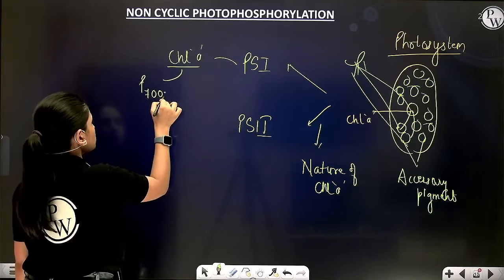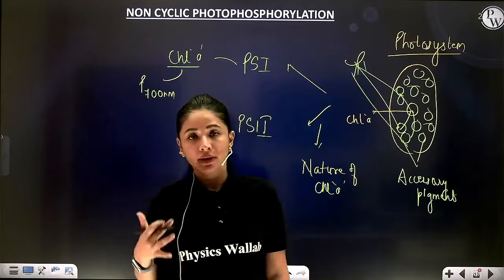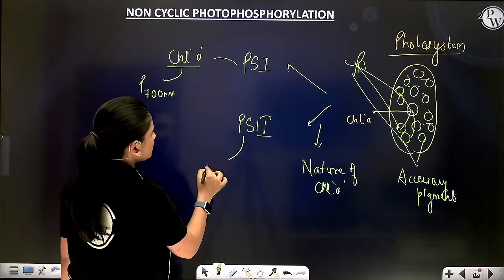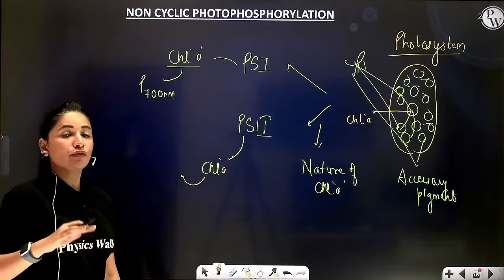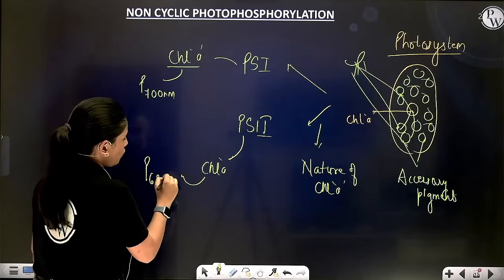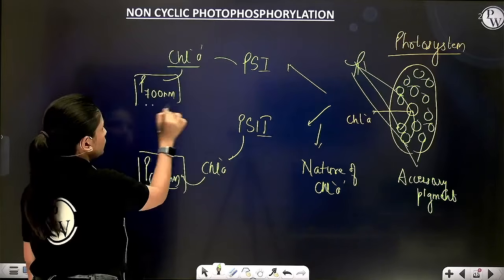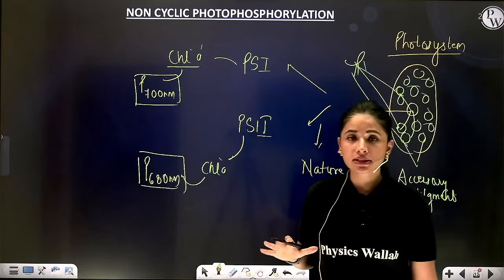So it is also denoted as P700. Whereas in photosystem 2, the reaction center, that is chlorophyll A, can trap light of up to 680 nanometers. Hence, it is also denoted as P680. Correct?